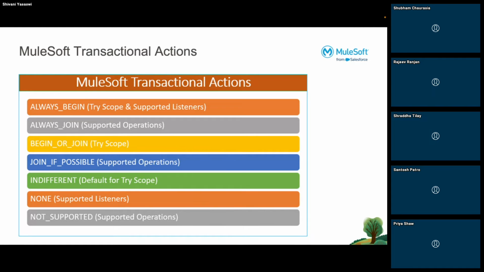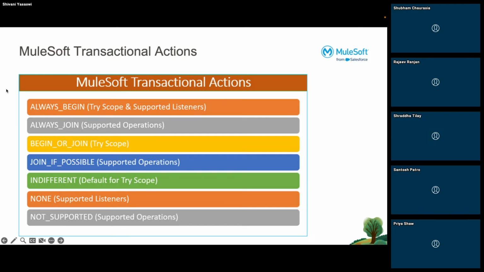In case we send a request from the client to our Mule application, the message is received at the source, and as soon as the message is received, a transaction is initiated. So whatever components are a part of that transaction, they will either succeed or fail as a single unit.